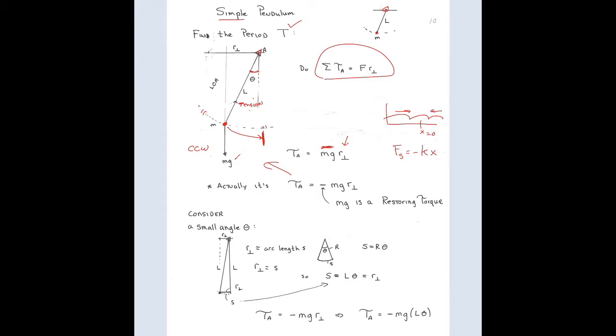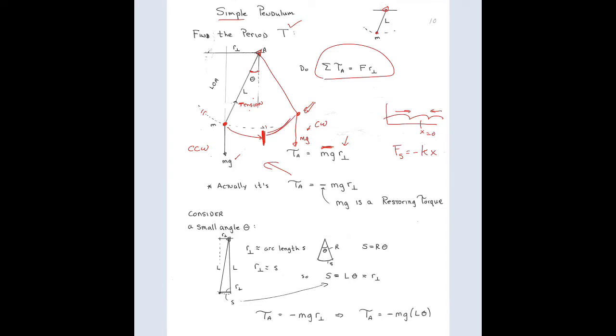Again, that's where the bob likes to just sit if you're not going to let it go. If I bring it over here and let it go, I have to draw the same mg, but the torque due to this mg would be clockwise. It'd be in a direction to bring it back toward that equilibrium point.